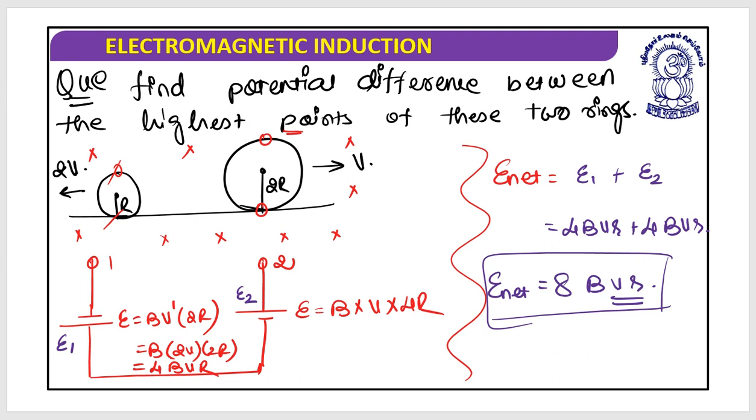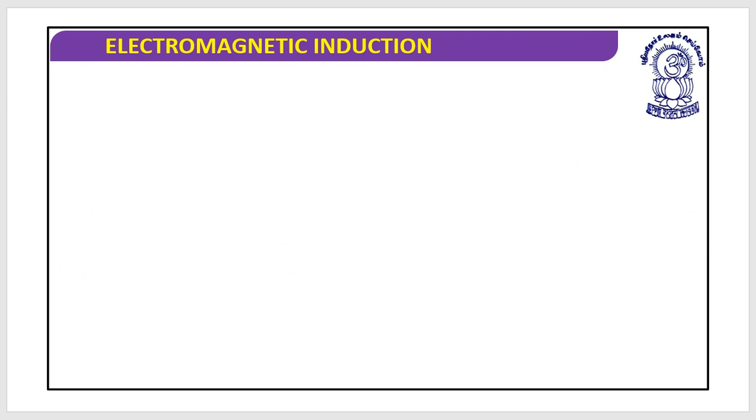Are you ready? Let's look at this. We have an infinite length of conductor and current is flowing through it. We have one conductor which is placed over here.